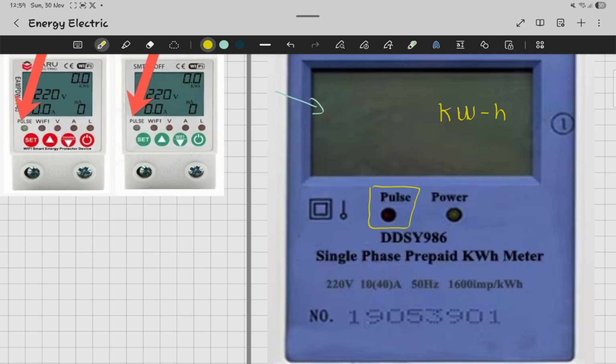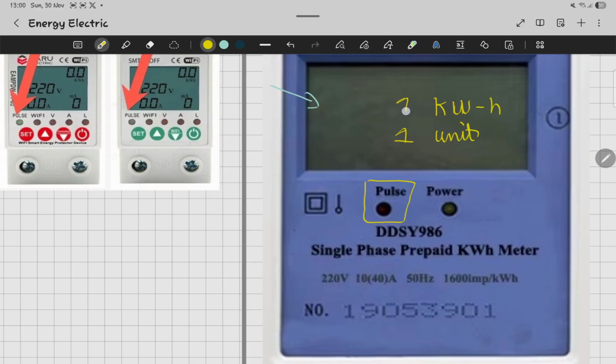In order to determine the number of units, for us to get 1 unit less on our meters, 1 kilowatt hour, what we're going to get is determined by this quotation that you see here.